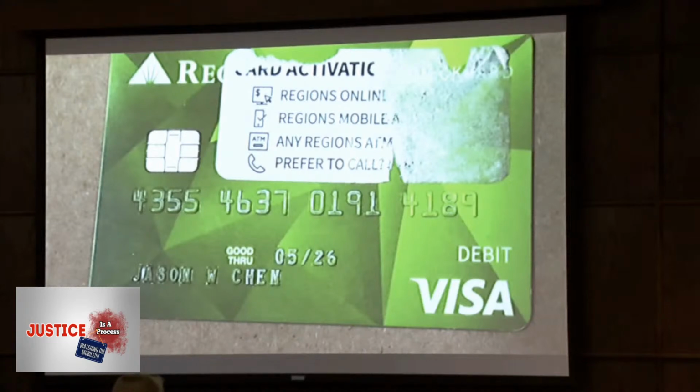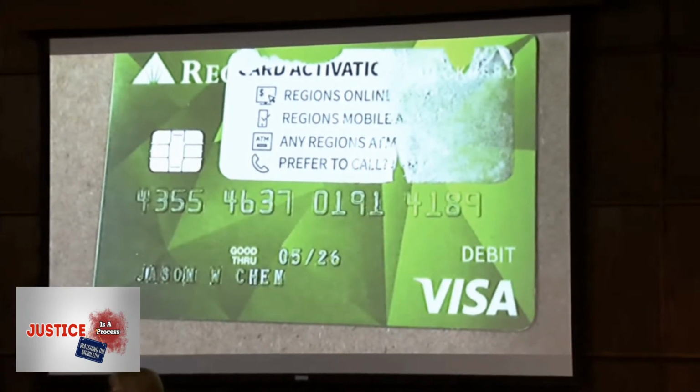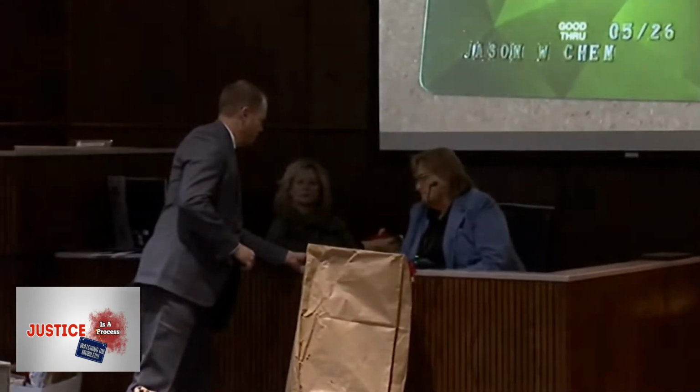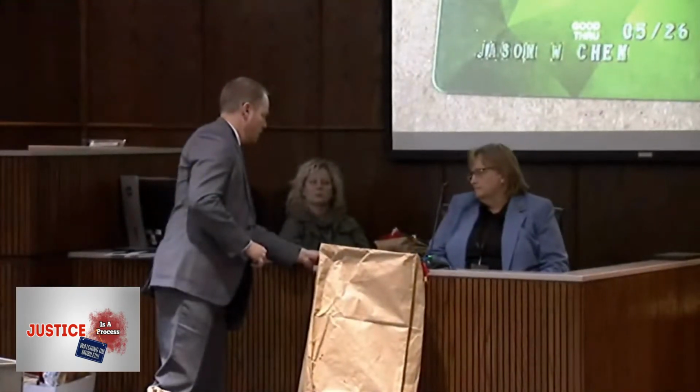Mr. Chen's Regions debit card? Yes. Is it the same? Yes. That purchase was also on the 23rd, wasn't it? I did not notice the date. Showing you again, Exhibit 23, at 1 o'clock p.m. Yes.